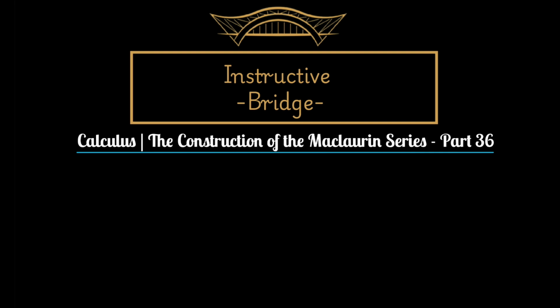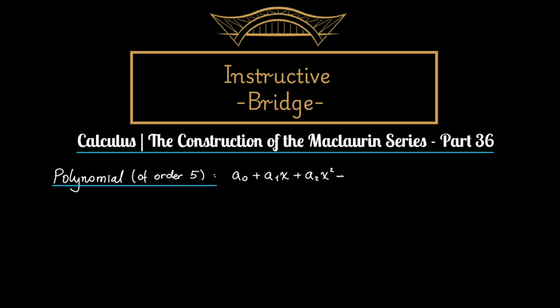So, in order to understand what it is, I want you to consider a polynomial of degree 5. That would simply be given by a0 plus a1 times x plus a2 times x squared plus a3 times x cubed plus a4 times x to the power of 4, and finally a5 times x to the power of 5.